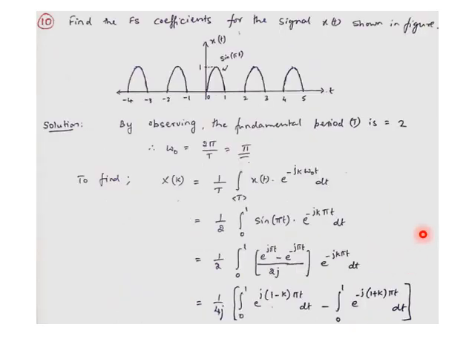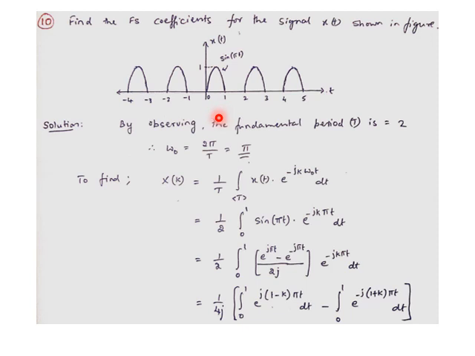So next, one more problem. With regard to a different variety of graphs, this is a distinct graph compared to the previous problem. Here, find the Fourier series coefficient for the given signal x of t, as shown in the figure.